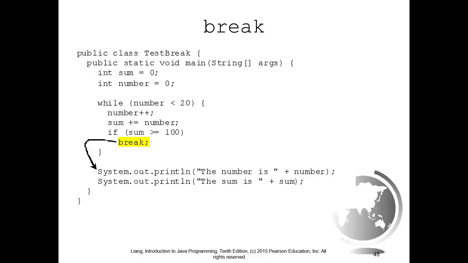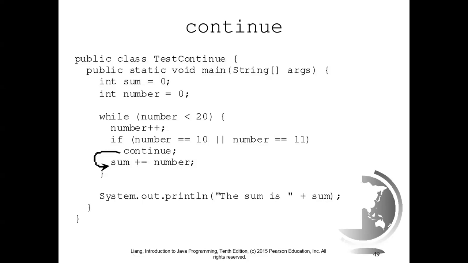After the break, we continue executing the code after the whole while loop body. So once the sum is over 100, we jump from the break directly to the system output, printing the number is something. Even though at this time the number is still smaller than 20, we no longer execute the while loop again. That is a break.